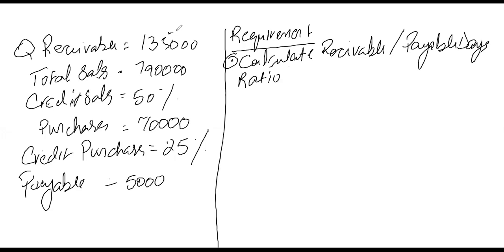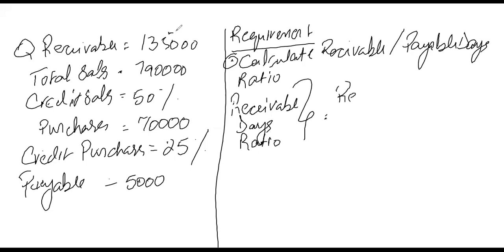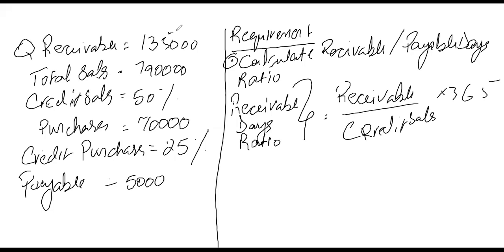So let me calculate the receivable days ratio. Receivable days ratio is equal to the receivable divided by credit sales multiplied by 365.